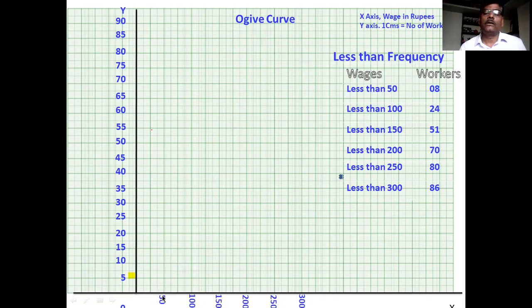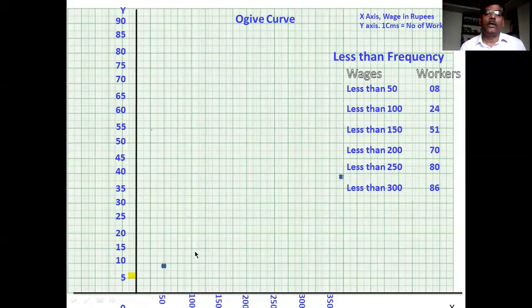You see here, for less than 50, 8 is the value. At the 50 x value, you have to put the frequency. 8 is the frequency, and that 8 comes here, in the 50 line.